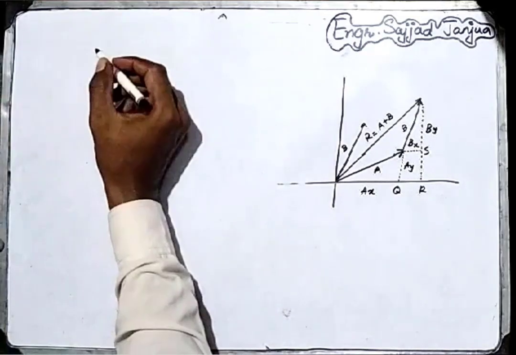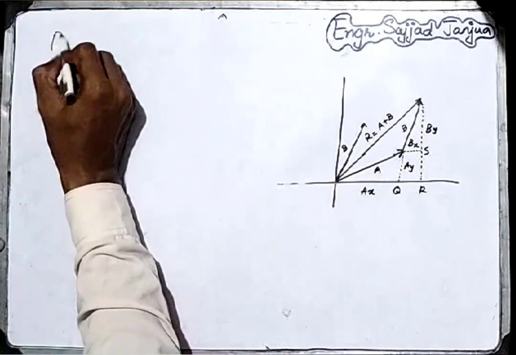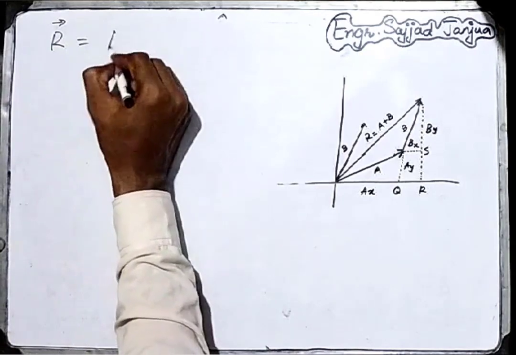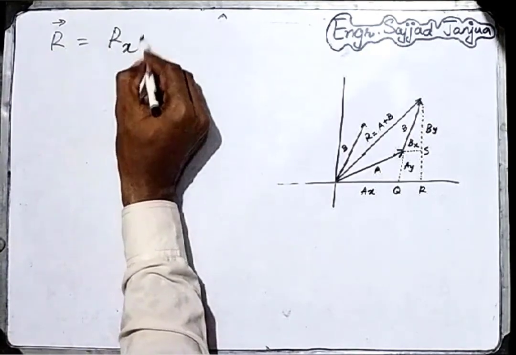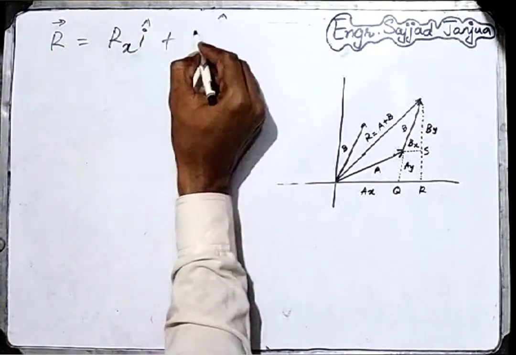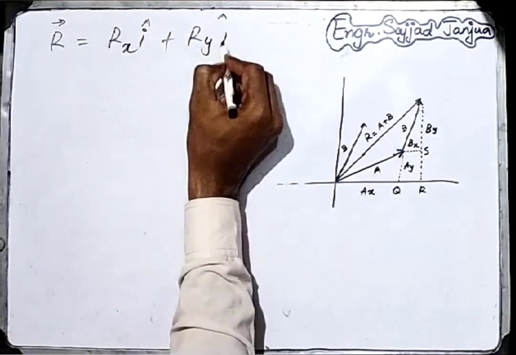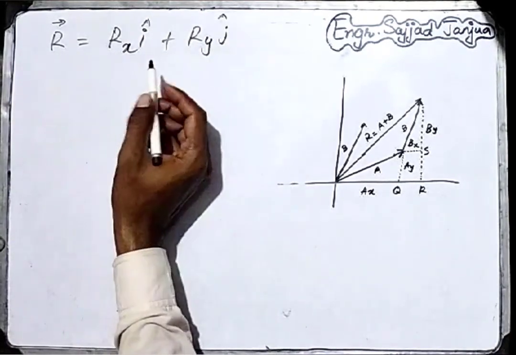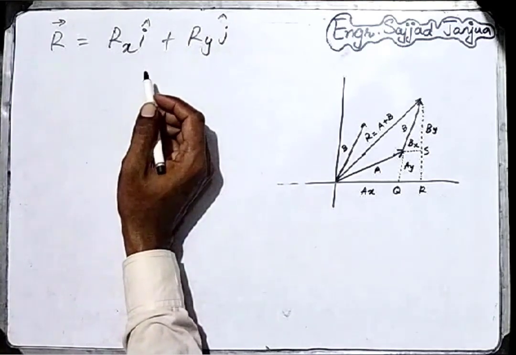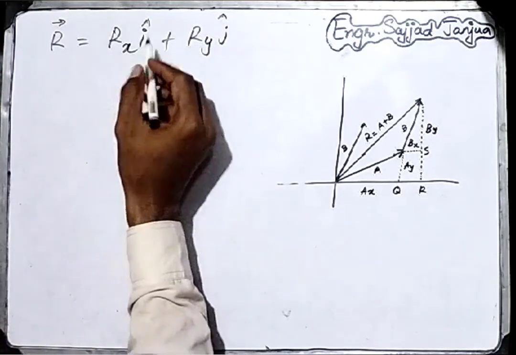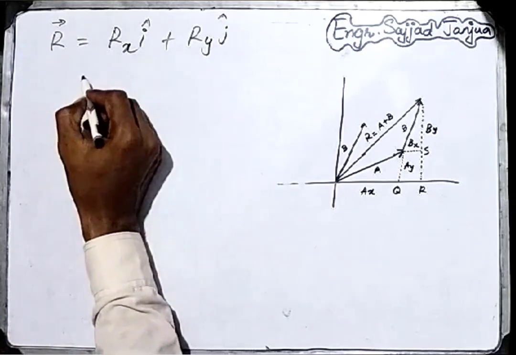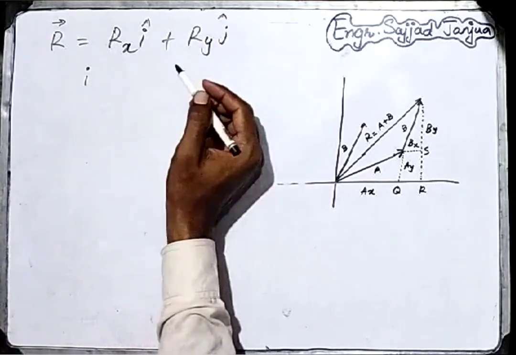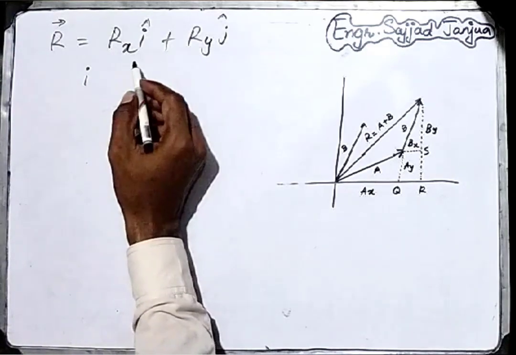Now we will find the magnitude. So R was equal to Rx i plus Ry j, and we have the values of Rx and Ry. The magnitude of unit vector i or any unit vector is 1.